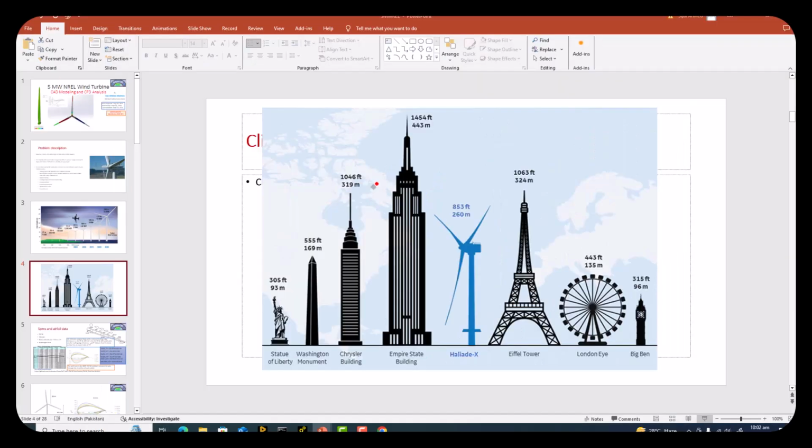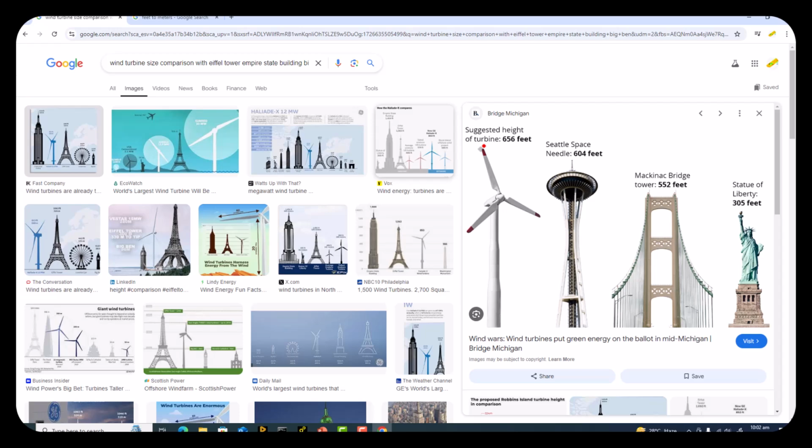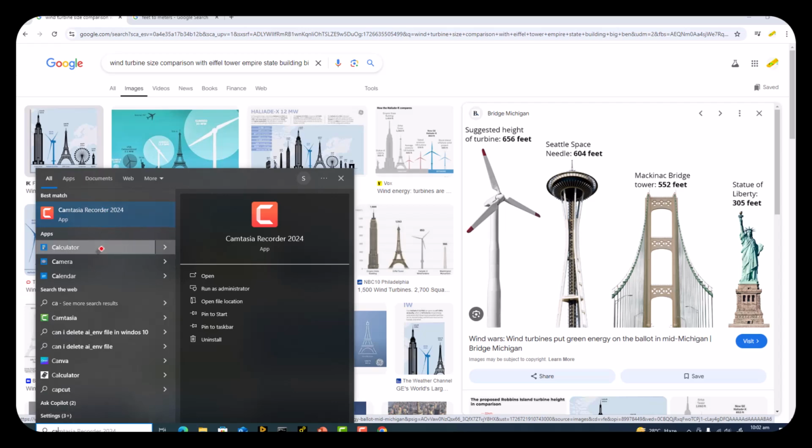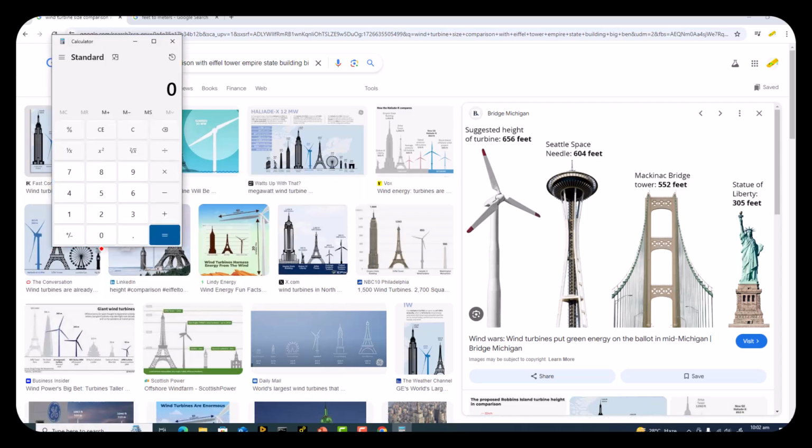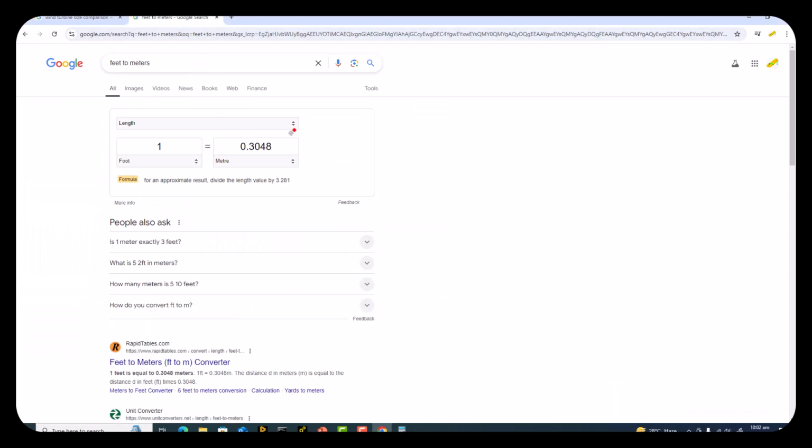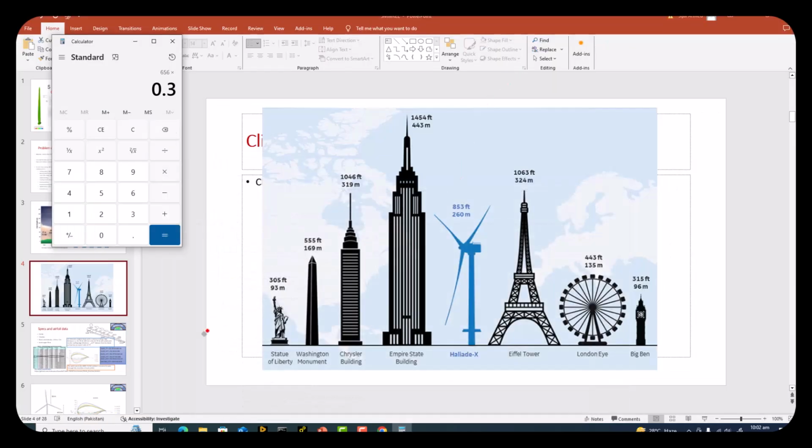Some more examples let me give you. For example, the suggested height of this wind turbine is 656 feet. And if you want to convert it into meters, because we are comparing everything right now in meters, we have to multiply by 0.3048.